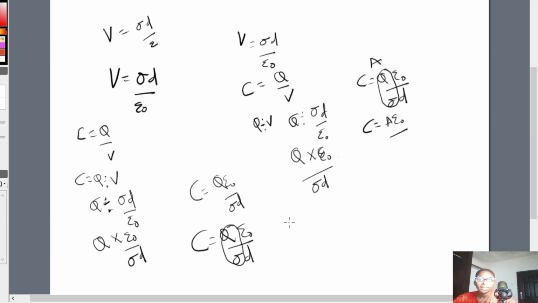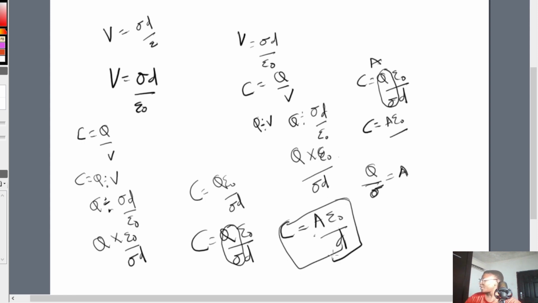Charge over sigma is equal to the area. So C is equal to A epsilon naught over D, and this is another formula for the capacitance of the capacitor.